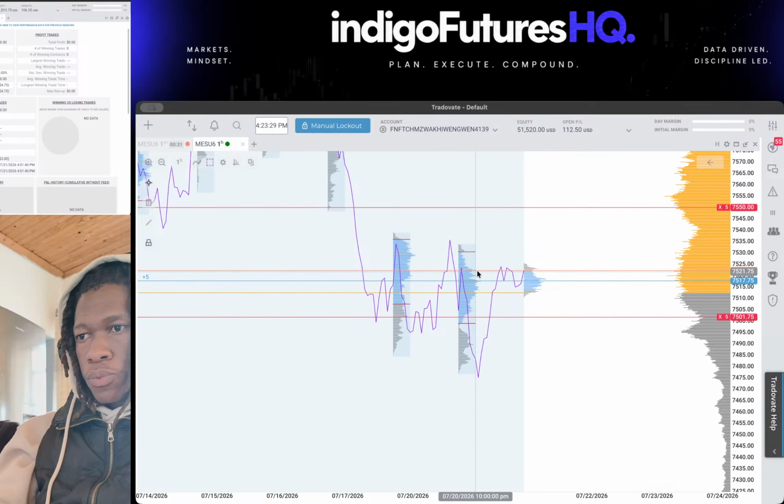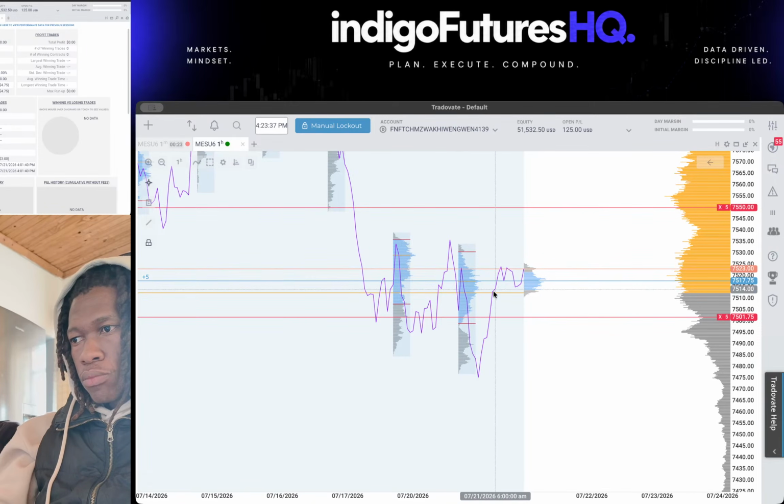Volume node, I guess, from previous day value. I'm going to go above that.